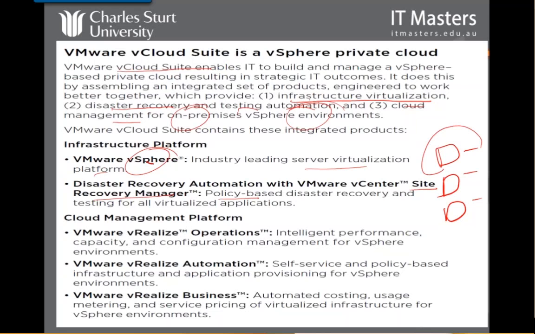When it comes to cloud, VMware also has vRealize, which provides smart performance and capacity management, and looks at the configuration management for the vSphere environments. Then you have vRealize Operations optimization. The name tells you what it is. And vRealize Business, which is there to check your costing.